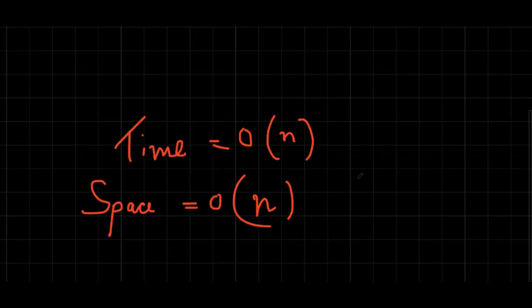In this program, the time complexity is big O of n, where n is the length of the input string. This complexity arises from the process of splitting the string into words and storing them into the vector. Similarly, the space complexity is also big O of n, where n is the length of the input string.